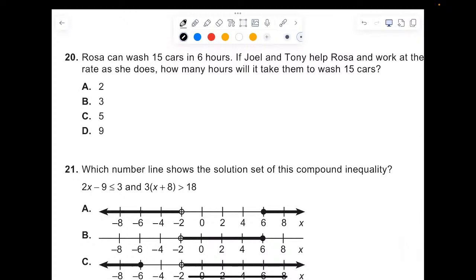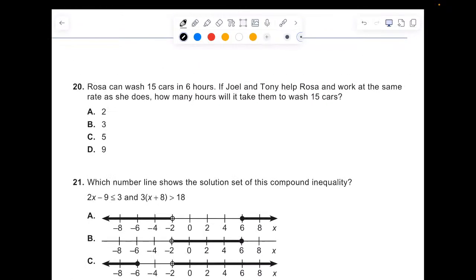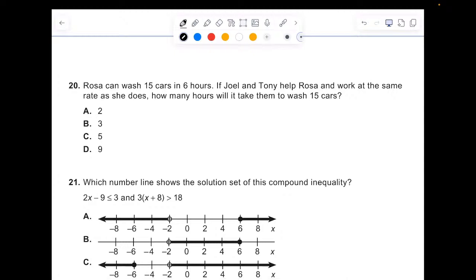Rosa can wash 15 cars in 6 hours. If Joel and Tony help Rosa and work at the same time at the same rate as she does, how many hours will it take to wash 15 cars? Alright, Rosa can wash 15 cars every 6 hours. Joel and Tony are 2 more people helping Rosa, working at the exact same rate.